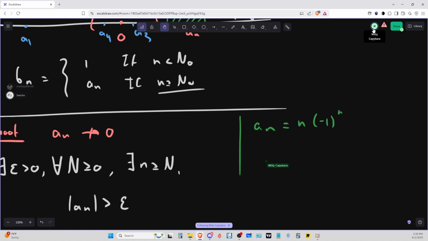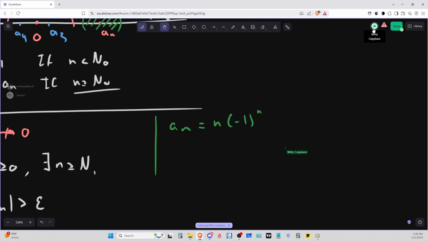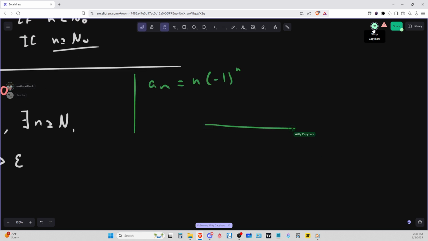Well, actually, we could even use a_n equal to n, right? Yeah, I guess so. Oh, actually, I want to put a -1. So basically, if I just draw, intuitively, what's going to happen is that I have 0 here, and now this sequence is going to sort of dance from right to left, right?